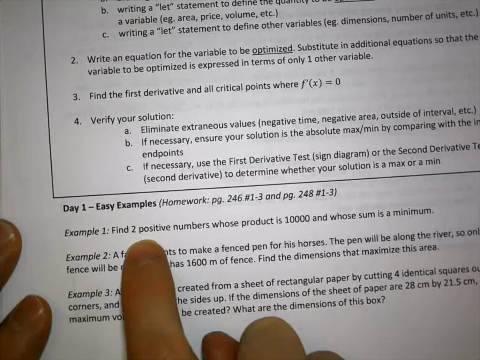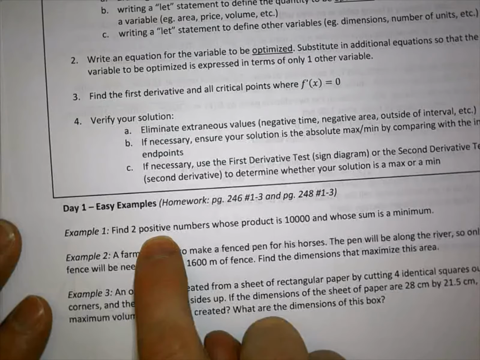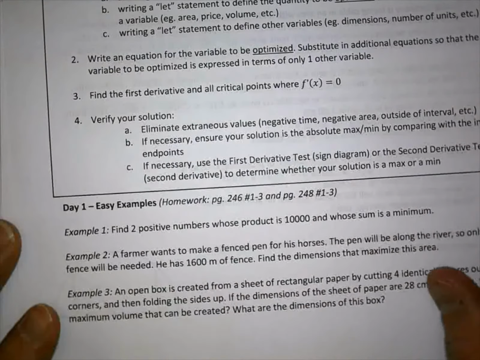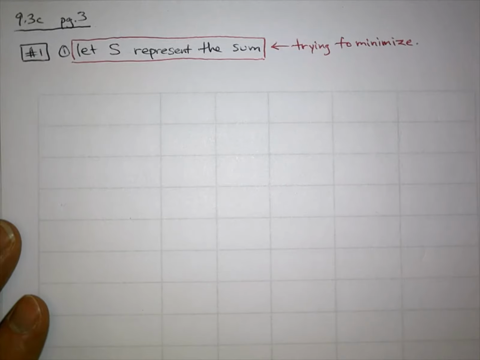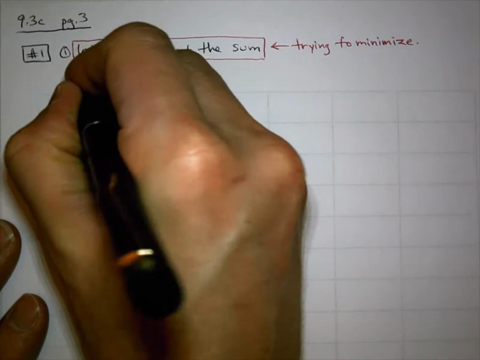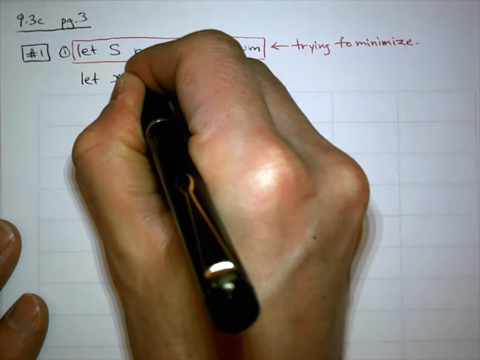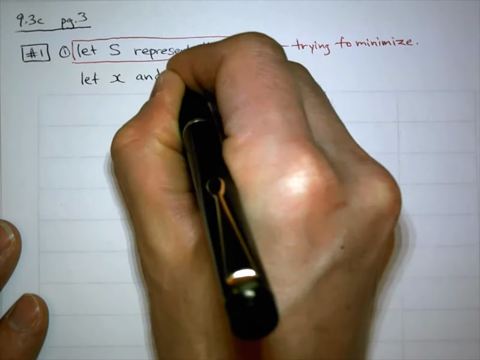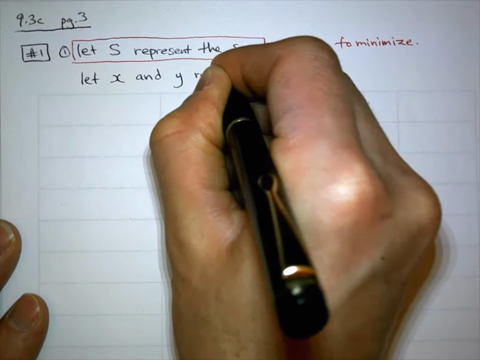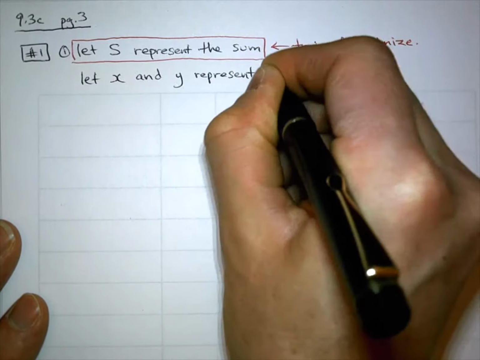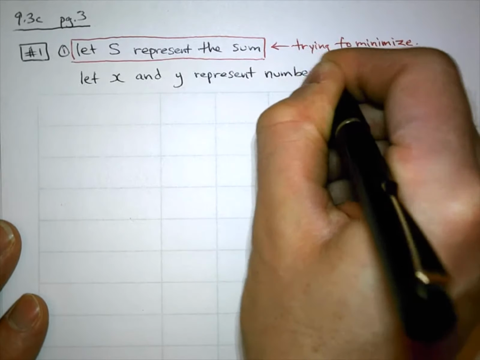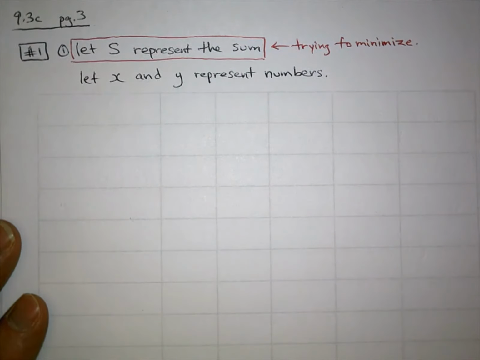Well, I'm looking for two positive numbers. So why don't I define those with variables? You can choose whatever you like. Let's use X and Y.